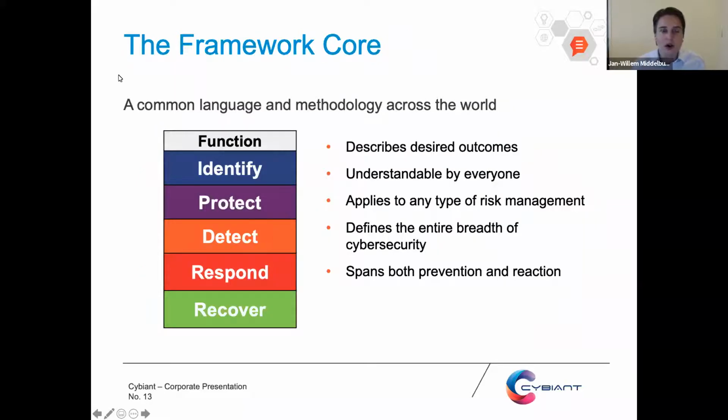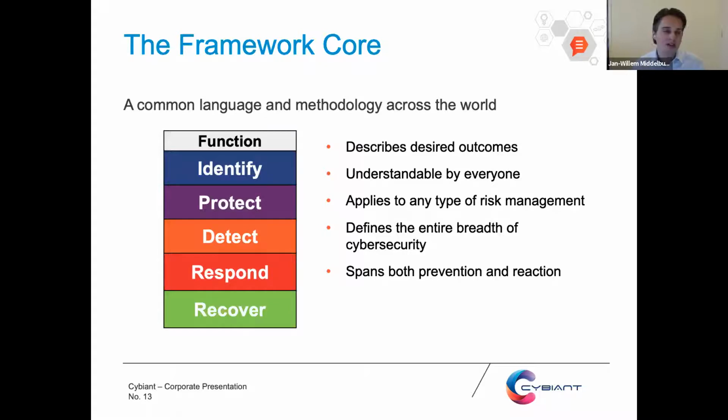So at the framework core, the key objective is to provide this common language and methodology across the world. So if you're a big multinational and you have offices in different countries across the world, the framework in itself remains unchanged because it describes the desired outcomes. It needs to be understandable to everyone, and it applies to any type of risk management approach.